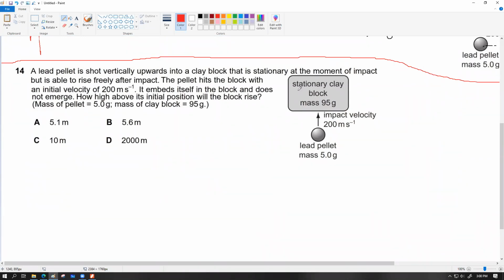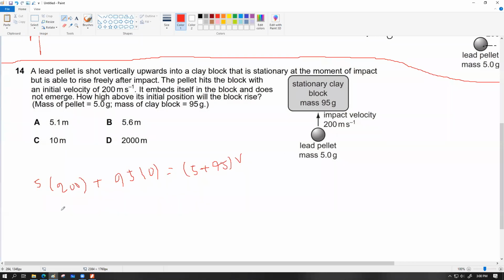We can find the final velocity of the two combined bodies using the idea of collisions. So I can write 5 times 200 plus 95 times 0 equals 5 plus 95 times V. Check this out: m1v1 plus m2v2 equals m1 plus m2 times V. I'm trying to find the combined final velocity of the two objects when they get merged together.